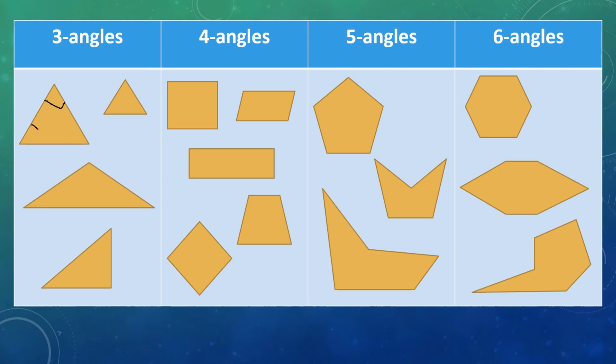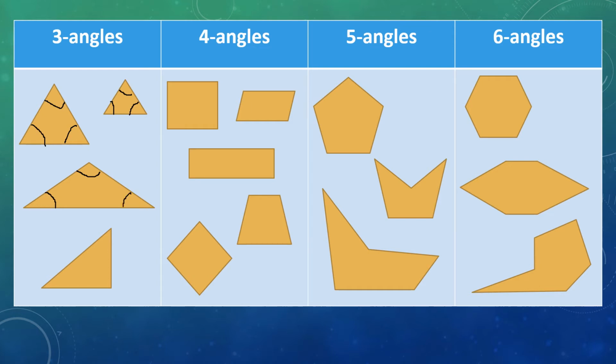So this first shape does have 3 angles, along with this other shape. 1, 2, 3, and all of the other shapes in this category. They all have 3 angles.